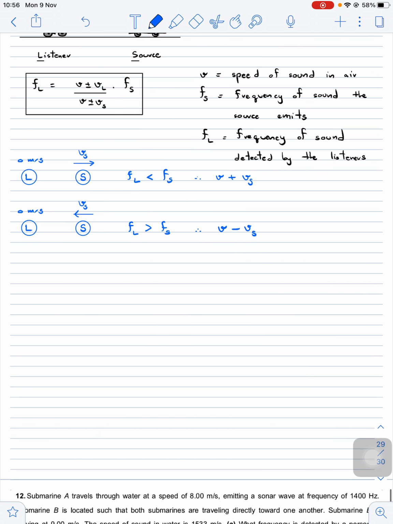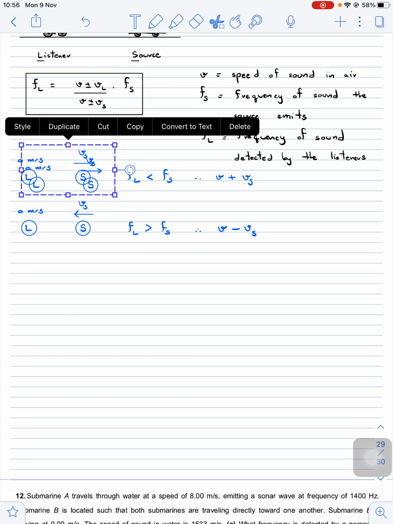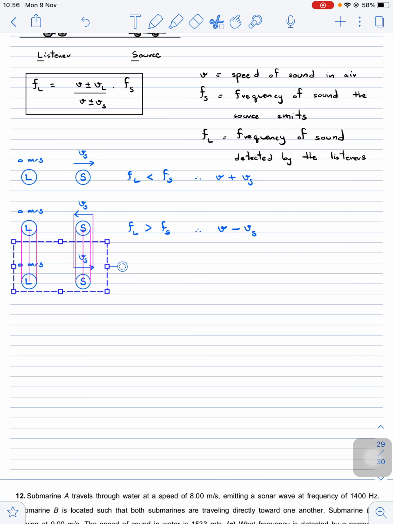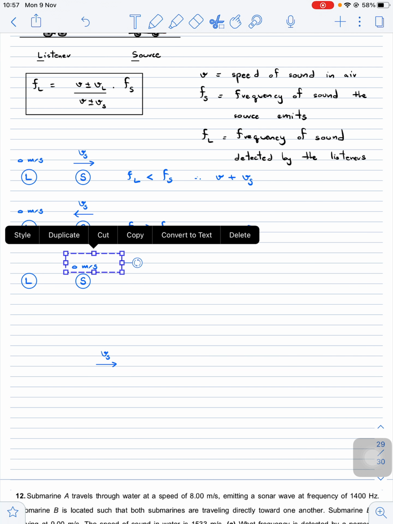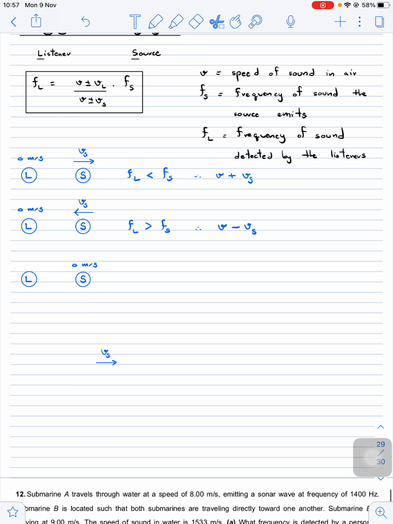Okay, now another case. Here they say that the source is at rest, for example the ambulance or the police car is at rest, but the listener is moving towards the source.